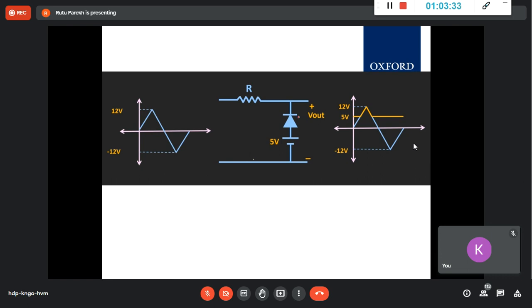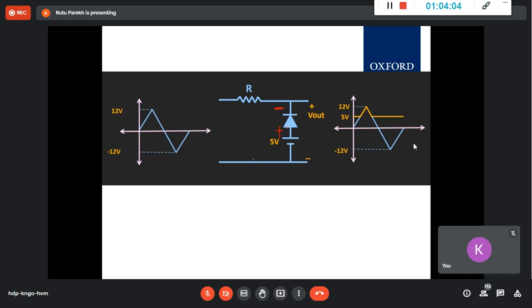When it is forward bias, this is minus and this is plus. And this is 5 volt. Now see, the plus of this is 5 volt and this is minus. So when will this be forward biased, let's say? For all the voltages which are less than 5 volt, right?